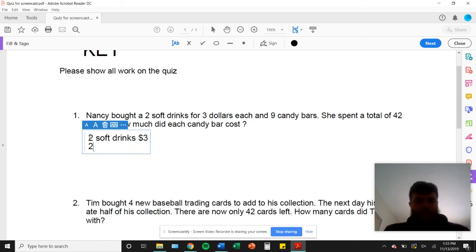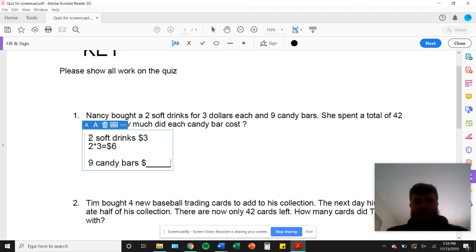Then 2 times 3 would give us 6. So overall, she spent $6 on those drinks. Next, we're buying 9 candy bars, but the problem is we don't know the cost of that.